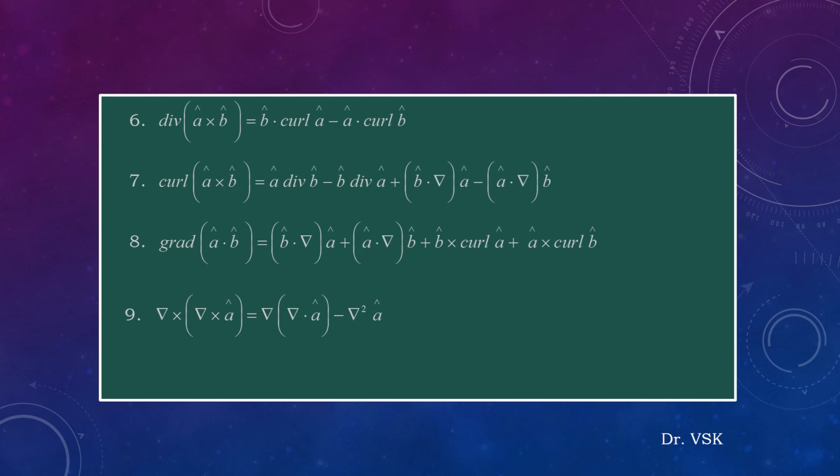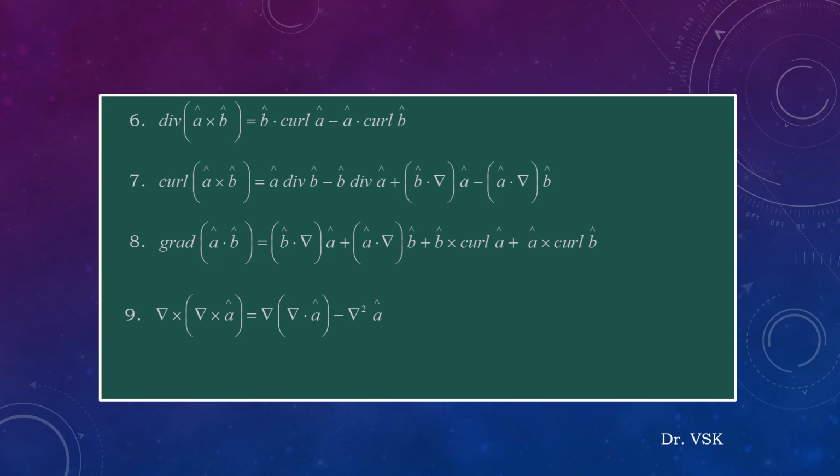Coming to the RHS of this identity, we have B cap dot del times A cap plus A cap dot del B cap plus B cap cross curl A cap plus A cap cross curl B cap.